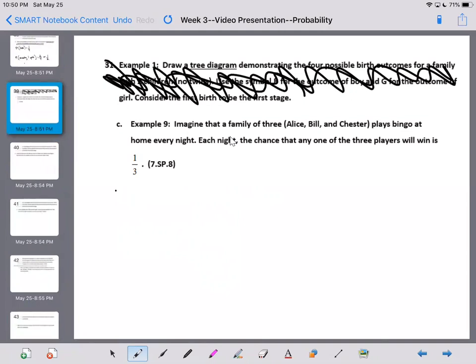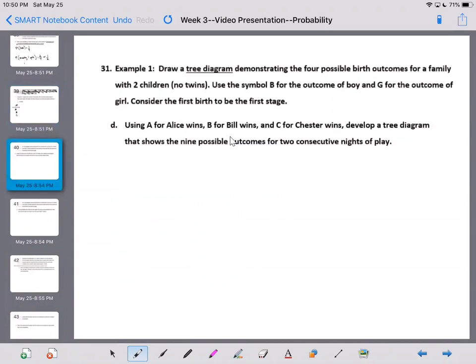So on the first night, Alice could win, or Bill or Chester could win. So using A for Alice, B for Bill, C for Chester, the tree diagram shows that we're going to have 9 possible outcomes on 2 consecutive nights.